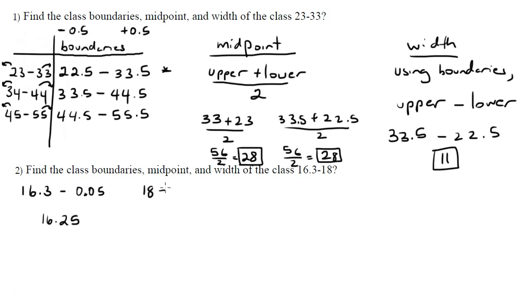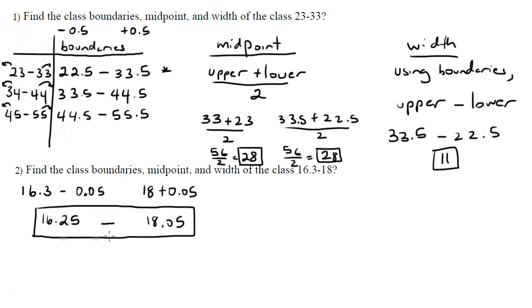And for 18, for the upper limit, I'm going to add the same value that I subtracted, 5 hundredths. So this becomes 18.05. And that's my new boundary. That's my boundary. 16.25 to 18.05.